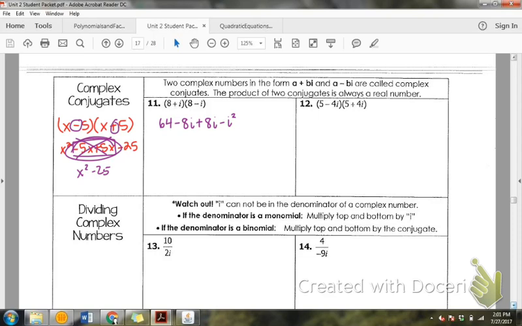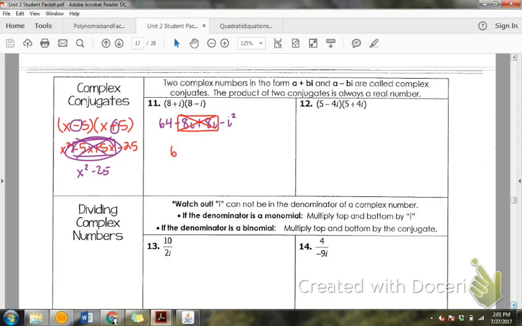So negative 8i and positive 8i cancel each other out.